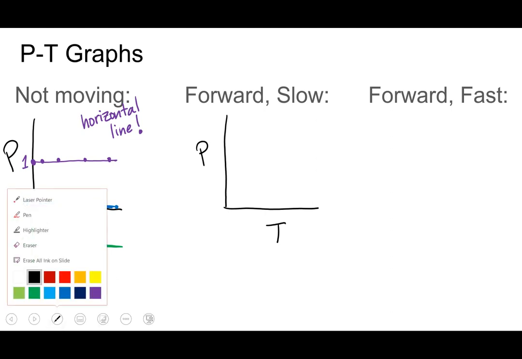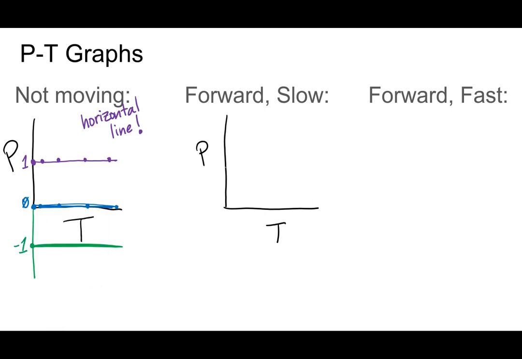So let's start with the purple. Purple starts at a height of 1 meter, so I am 1 meter in front of the tree. If I'm going forward, I'm going to increase in position. So I'm going to go from, say, 1 to 2, or 1 to 1.5.